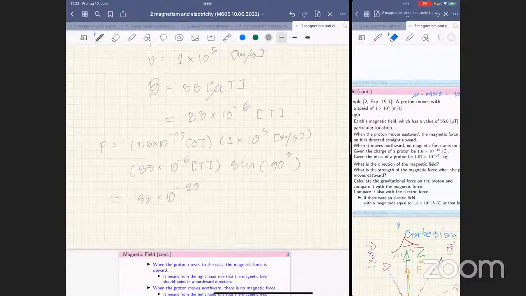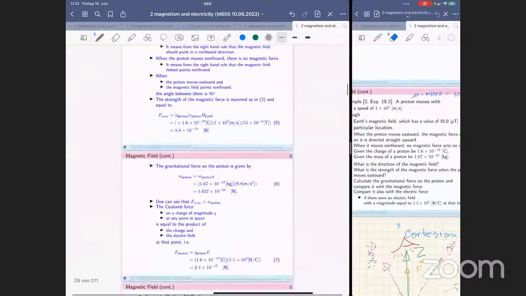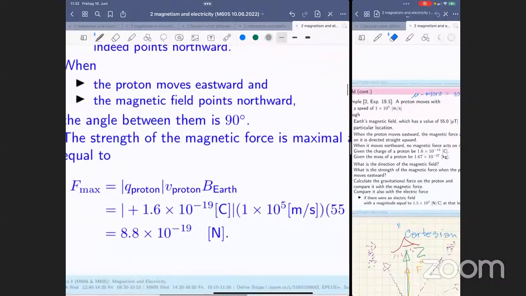And of course, it's equal to 8.8 times 10 to the negative 19. The unit for the force is Newton, right? I hope it's correct. 8.8 times 10 to the negative 19. Yes, this one. Okay.